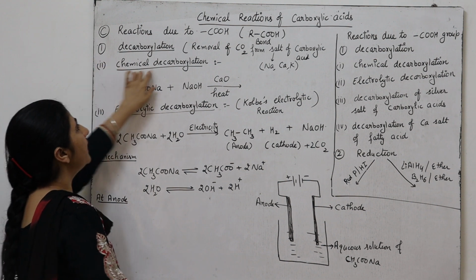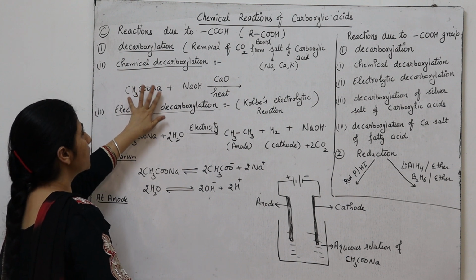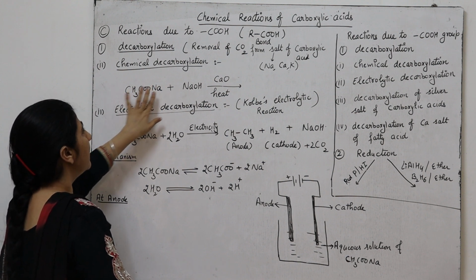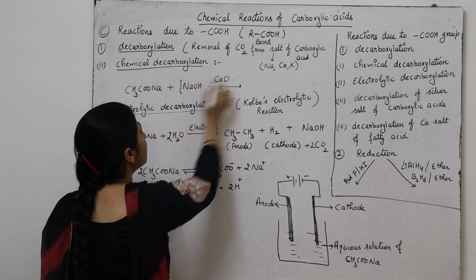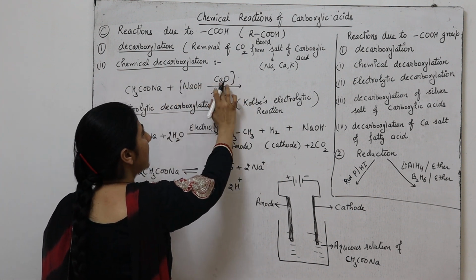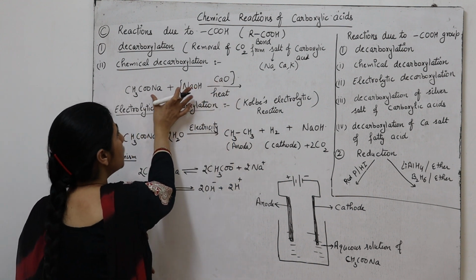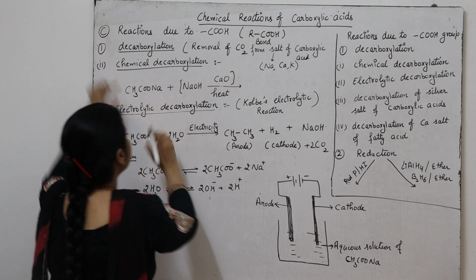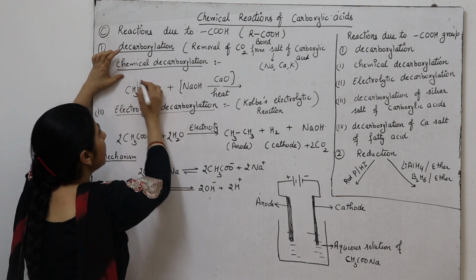In chemical decarboxylation, this is sodium acetate, the sodium salt of carboxylic acid, combined with soda lime. Soda lime is a combination of sodium hydroxide and calcium oxide. When we heat these two reactants, there is a decomposition of the carboxylic group.